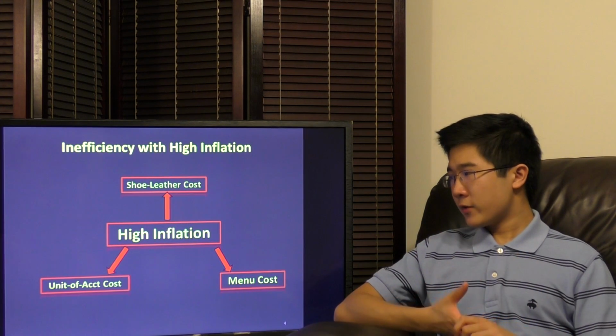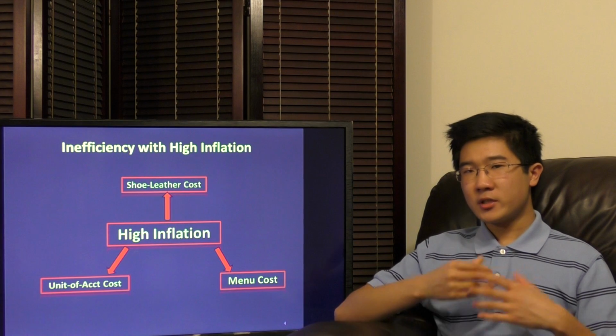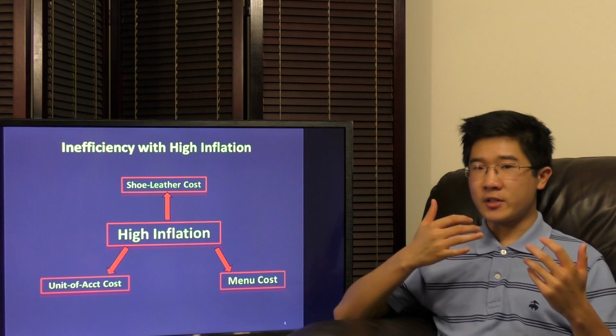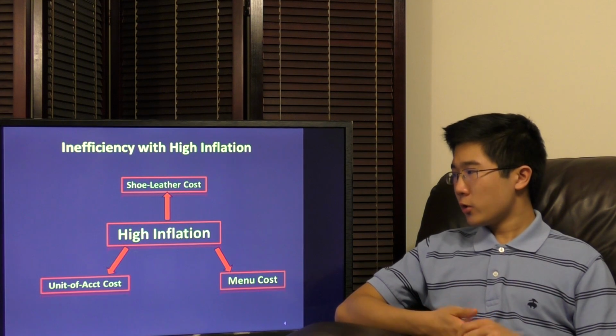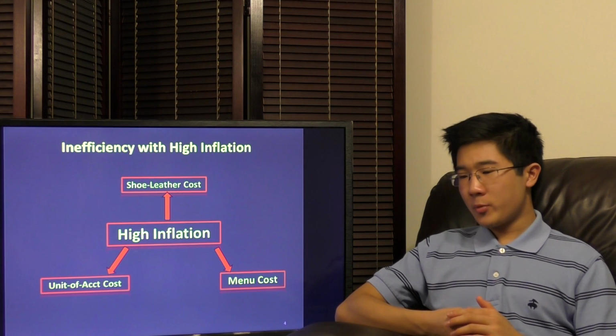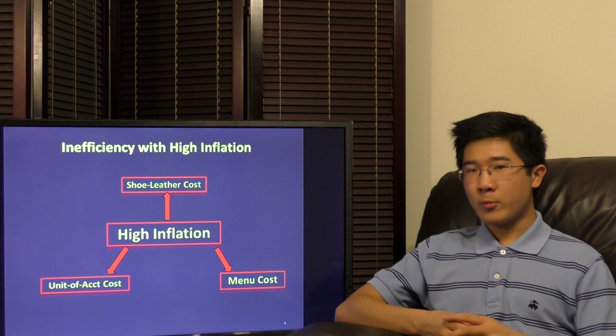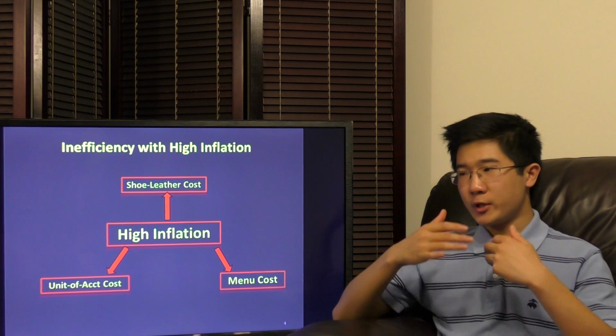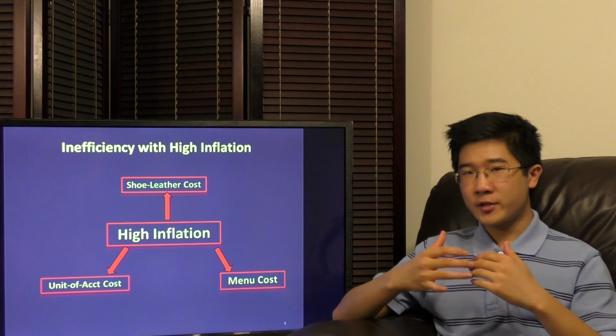And finally is the unit of account cost. A unit of account, for instance the US dollar, is a way of storing value. As the US dollar becomes more unstable and unreliable because of high inflation, people will have inefficiencies when dealing with transactions involving this unstable dollar.